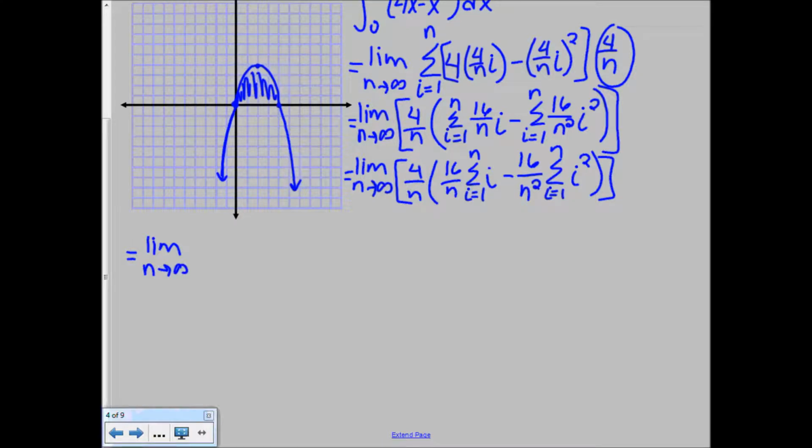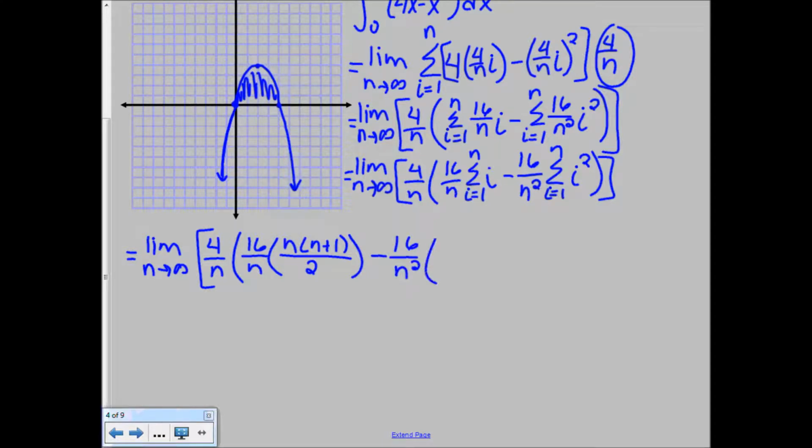So we're going to get the limit as n goes to infinity of our 4 over n times 16 over n. And then for the sum from 1 to n of i, we're just going to plug in our regular formula: n times n plus 1 over 2, minus 16 over n squared.